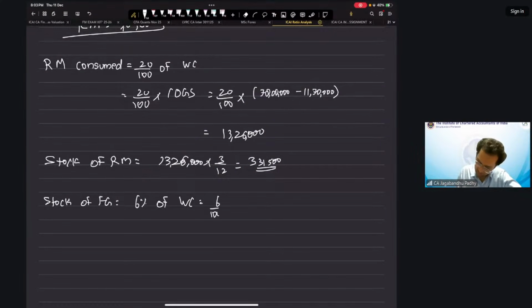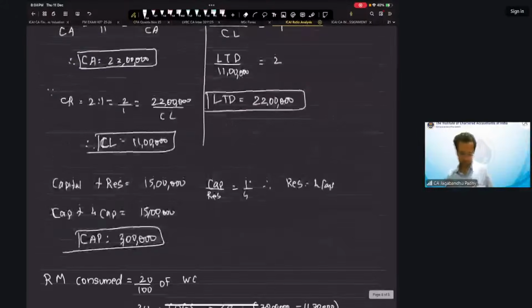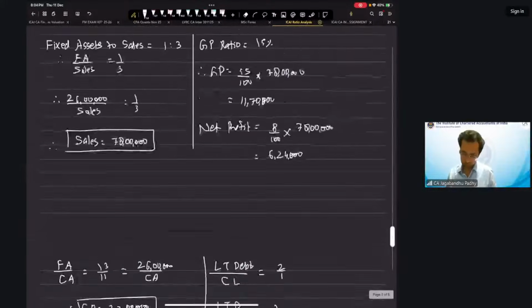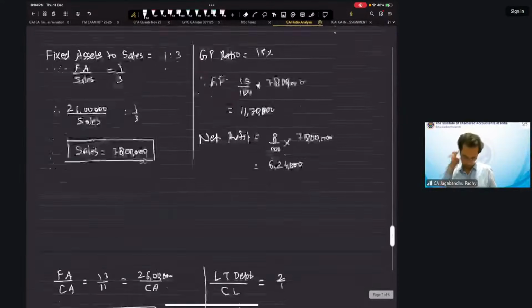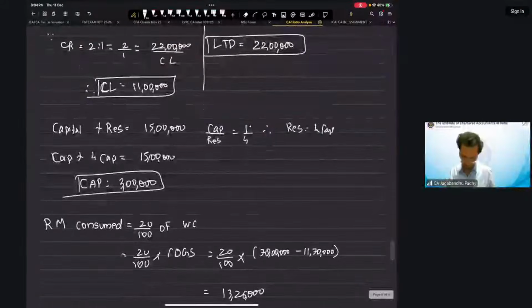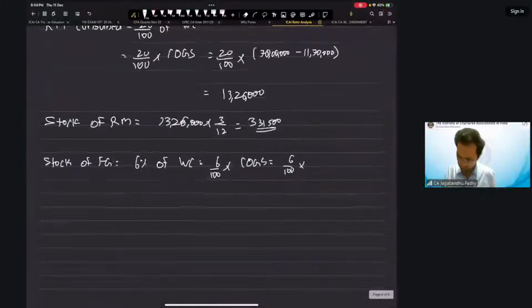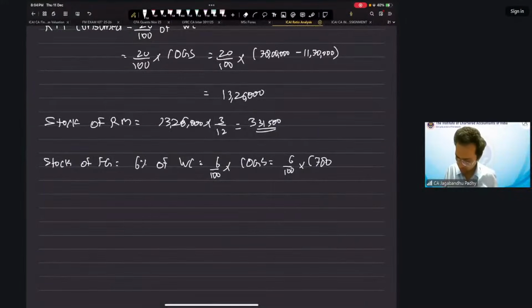So that's going to be 6 upon 100 into works cost, which is essentially your COGS. We got the COGS right over here. It's going to be 78 lakhs minus 11 lakh 70,000.